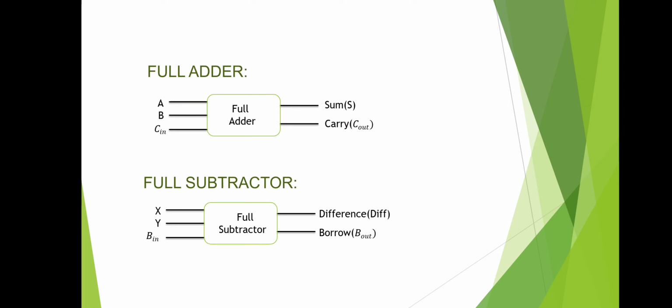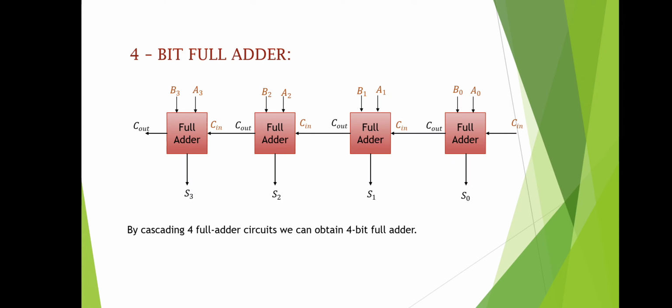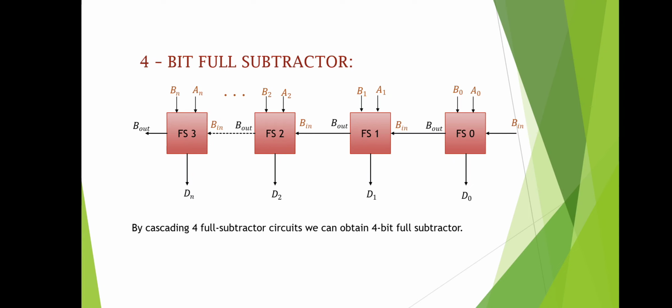So after that, we have also seen the circuit for a half subtractor and a full subtractor. Similar to the adder circuit, by cascading n such full subtractor blocks, we can easily design the n-bit subtractor, and here the design of the 4-bit subtractor is shown.